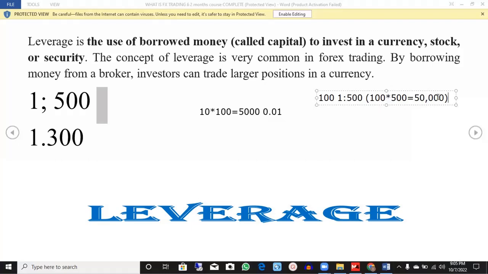That's huge. By the explanation of leverage, the broker will not allow you to spend or lose more than your $100. This $49,900 I lent you, you cannot lose $1 out of it. You cannot lose 1 cent out of it. So take that to the bank.